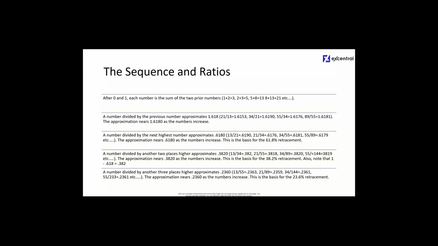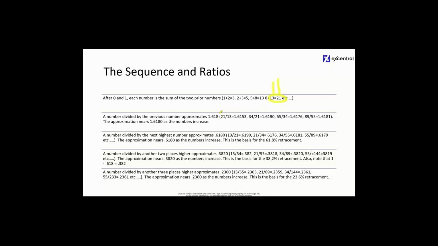Now, if we were to take any pair of numbers in that sequence that are in order, so let's take right now the 21 and the 13, because we got 21 by adding 8 plus 13, and we got the 13 by adding the 5 plus the 8, because we just built it up in the sequence. So now we have 8 plus 13, it gives us 21.